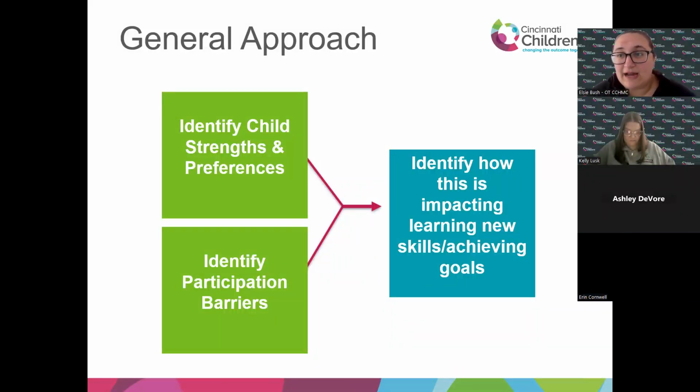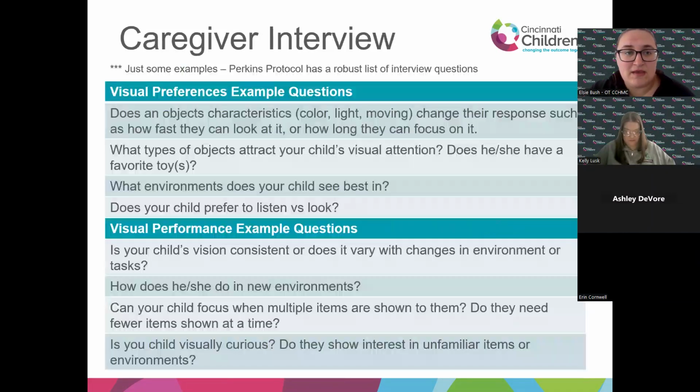So when I think about approaches for evaluation and assessment, it's identifying those strengths and preferences and those barriers, and then taking that information to see how those things are overall impacting achieving their goals or learning new skills that you guys are working on with them.